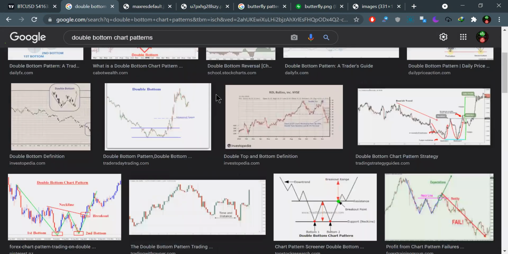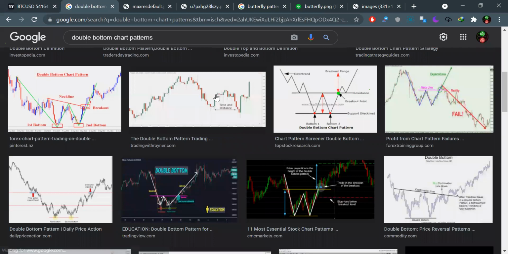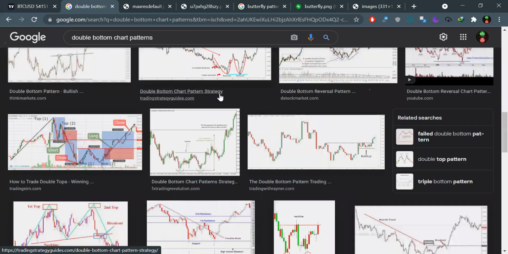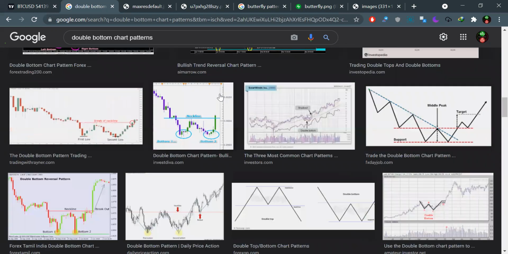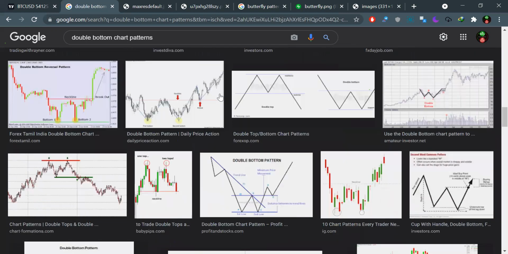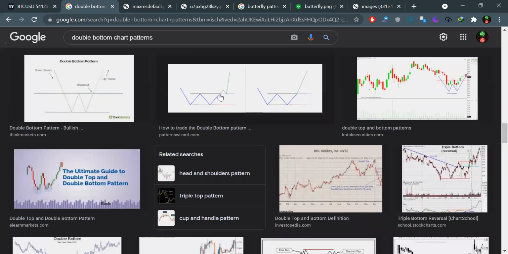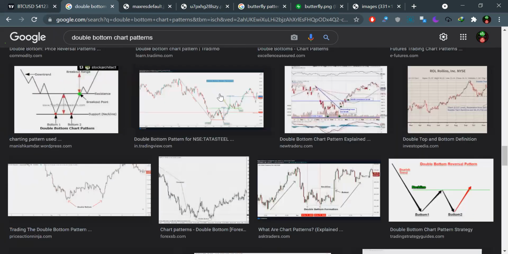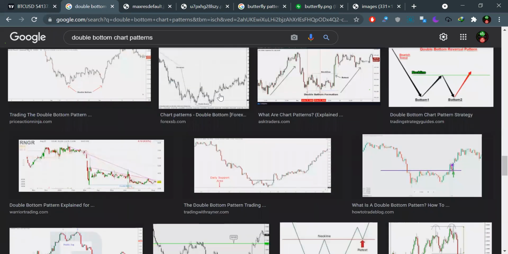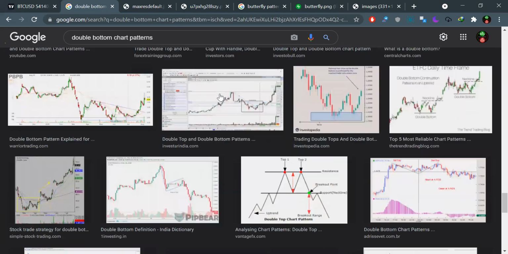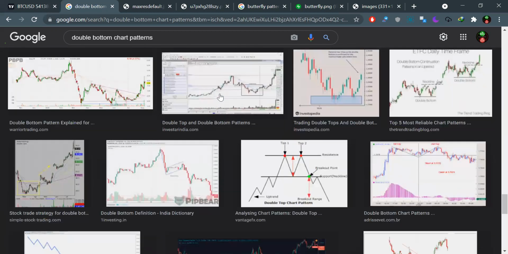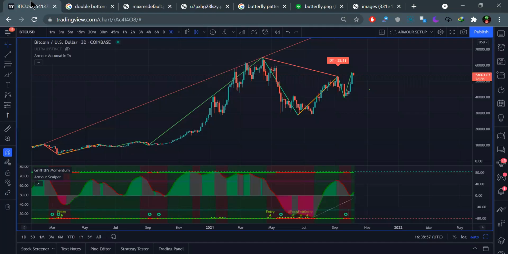That's about here. It's very difficult to find a similar pattern, but I know that I have seen it somewhere.